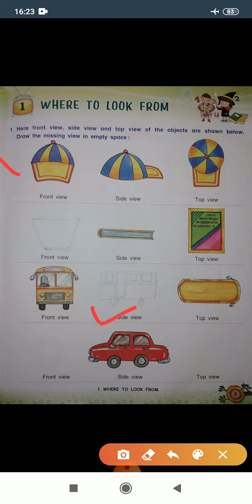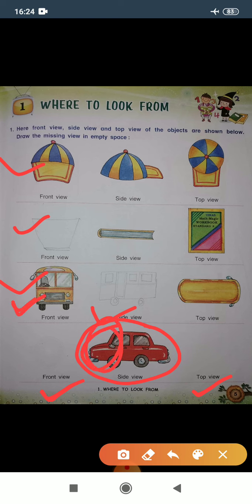Now with the help of these examples you need to draw some more front views as well as top views of the pictures. So here one car is given and you need to draw the front view of the car and the top view of the car. In front view, only the front side of the car you can draw.